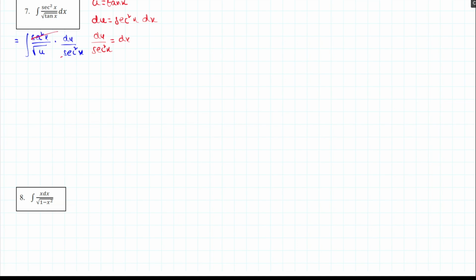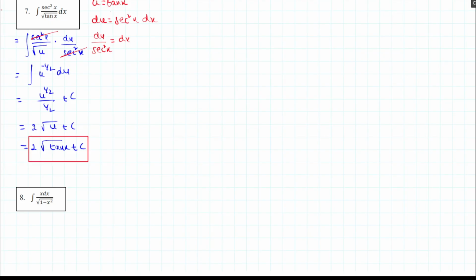Now this secant squared x gets cancelled, and this integral becomes integral 1 over square root u, that is u power negative 1 half du. So therefore the integration of u power negative 1 half is u power positive 1 half over positive 1 half plus c, or 2 root u plus c, that is 2 root tan x plus c. So this is the integration of the given integral.